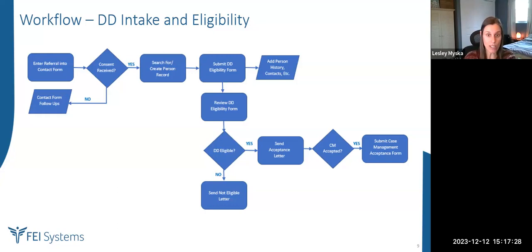So if the person has been found DD eligible and you send them their eligible letter, and then they respond and accept their case management, then you can go ahead and create a case management acceptance form and document the acceptance and the case management agency that the individual has selected. And if they've also indicated the exact case manager, that can be captured in that form as well.